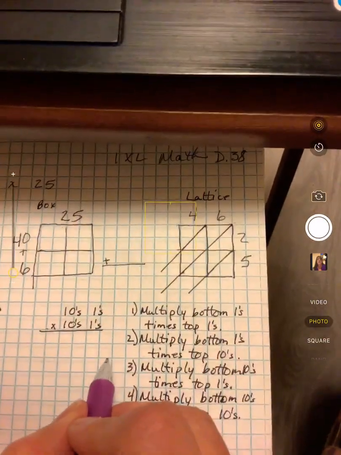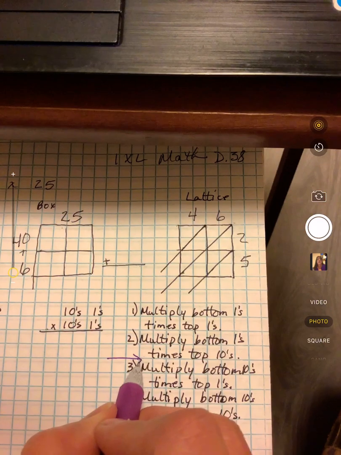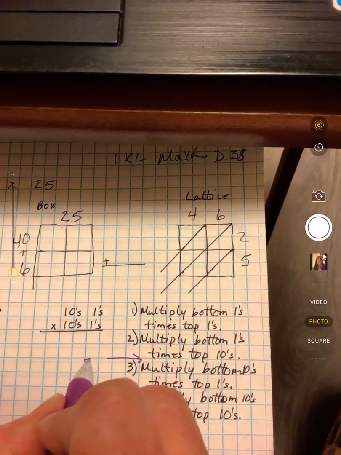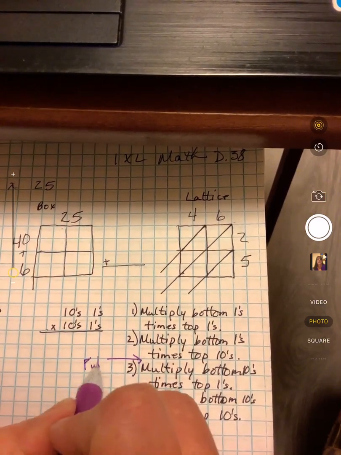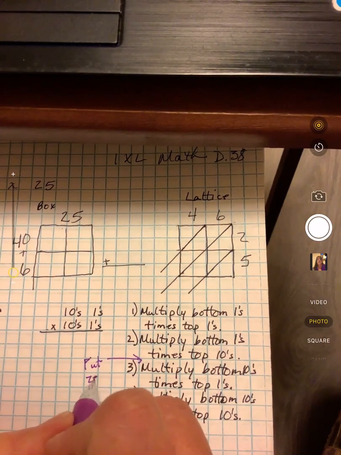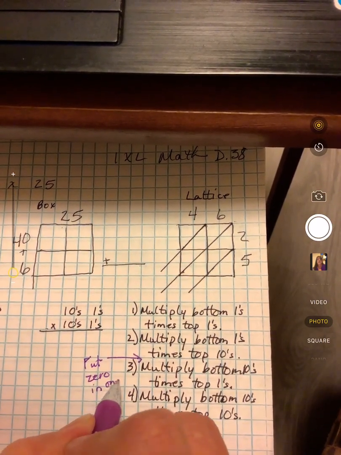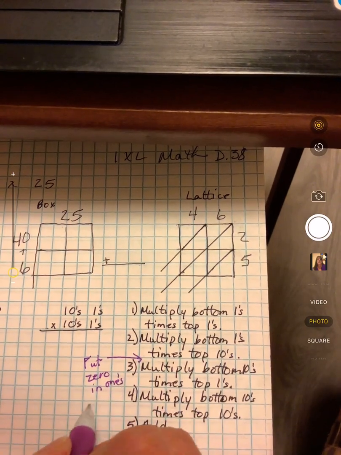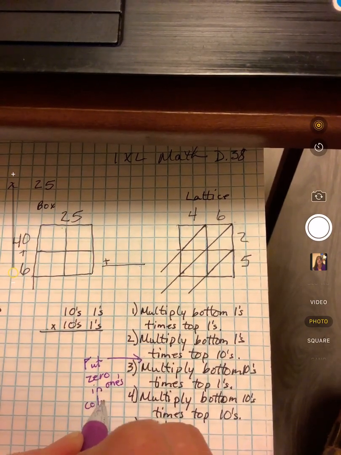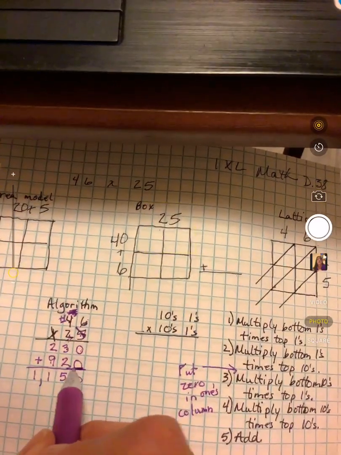Okay. So in between here, we should put 0 in the ones column. And that's this 0 right here.